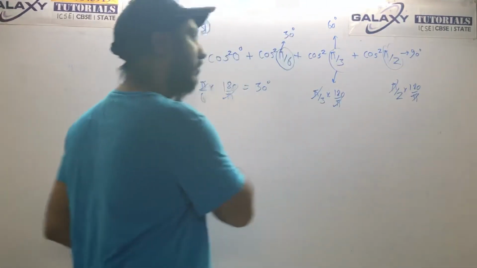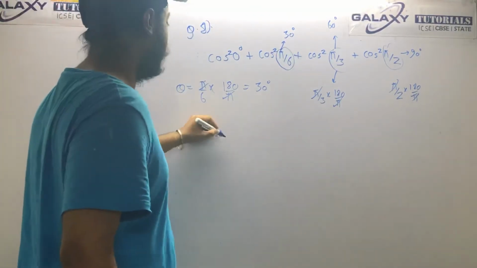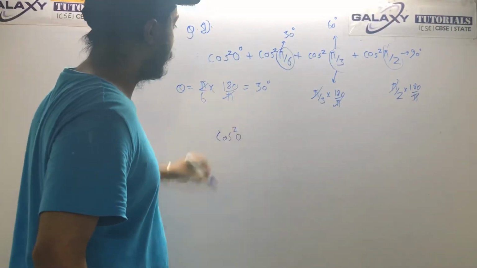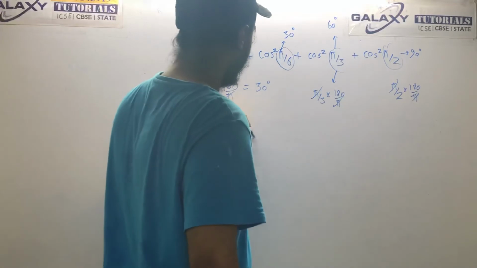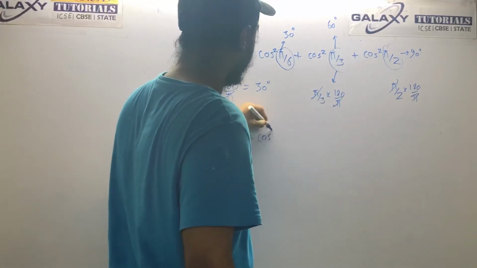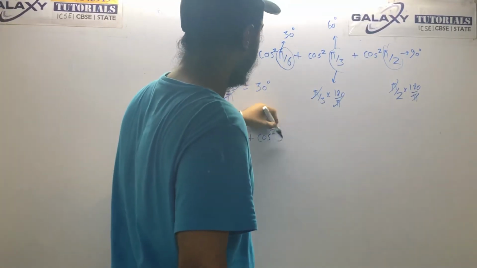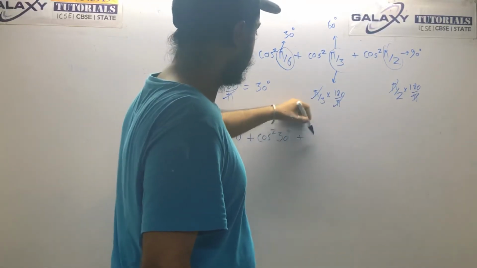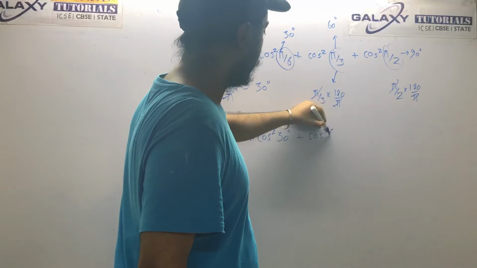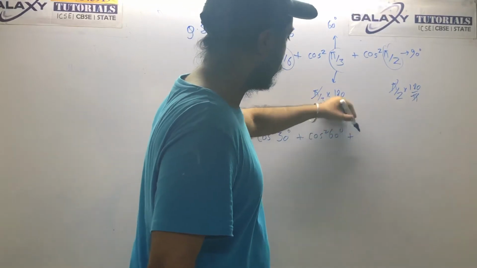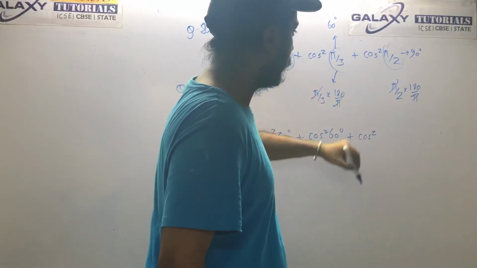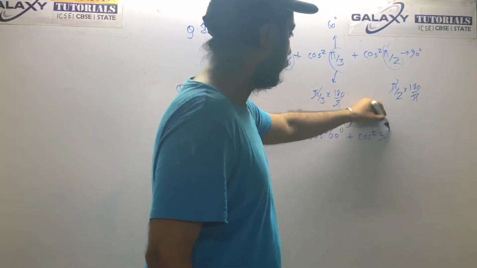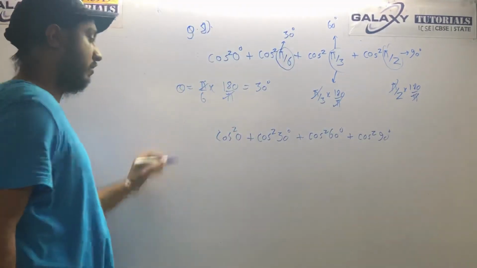Okay, now we will simplify the problem and write it again. So this problem is as follows: cos square 0 plus cos square 30 plus cos square 60 plus cos square 90. This was your question.